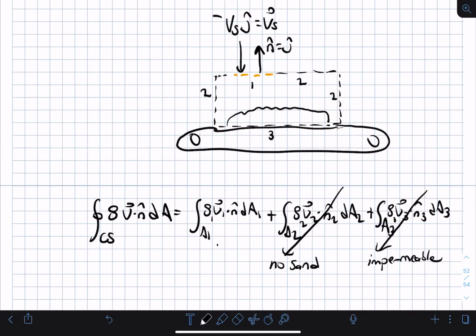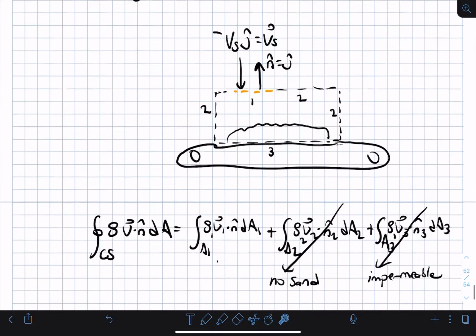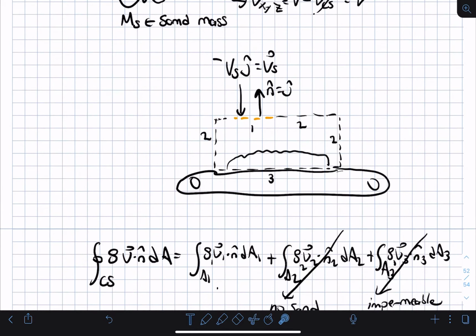and we can actually make a simplification here already because we are given that we know the mass flow rate of the sand falling down through the hopper.